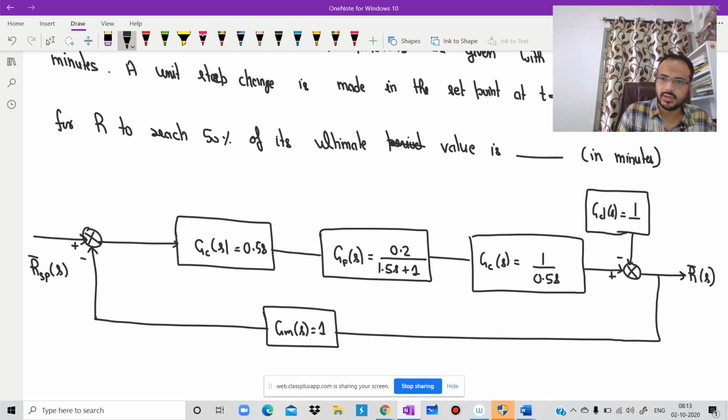Gd of s is equal to 1 by 0.5 s, and it is d bar of s. Solve it. A very nice question again.